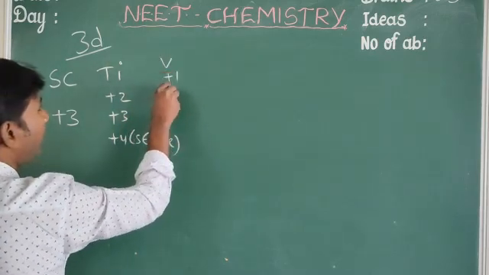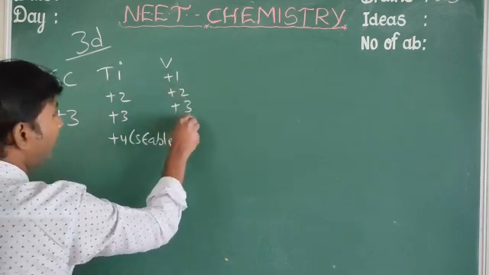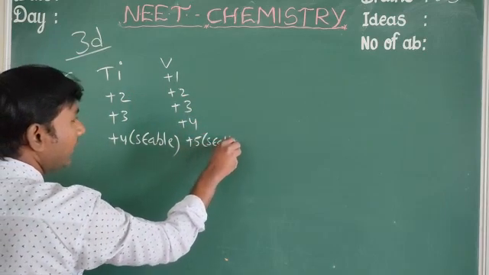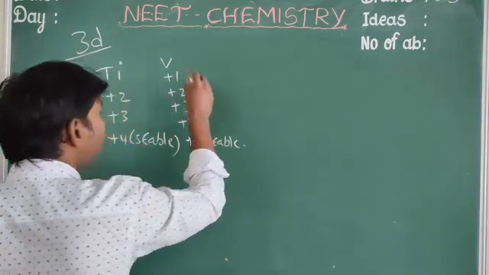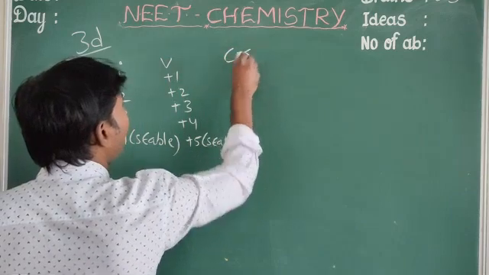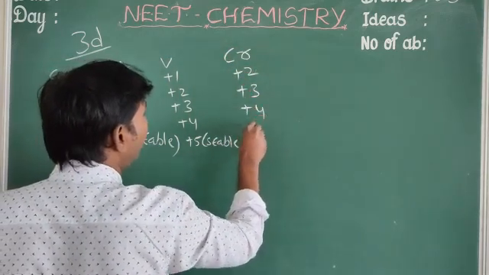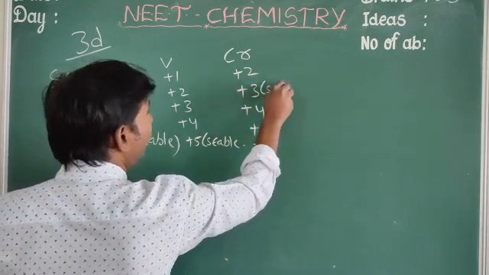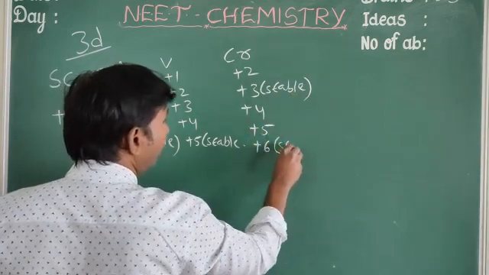Vanadium shows +1, +2, +3, +4, +5; +5 is stable, and +2 is also stable, but +5 is more stable. Chromium shows +2, +3, +4, +5, +6; +3 is stable and +6 is also stable.